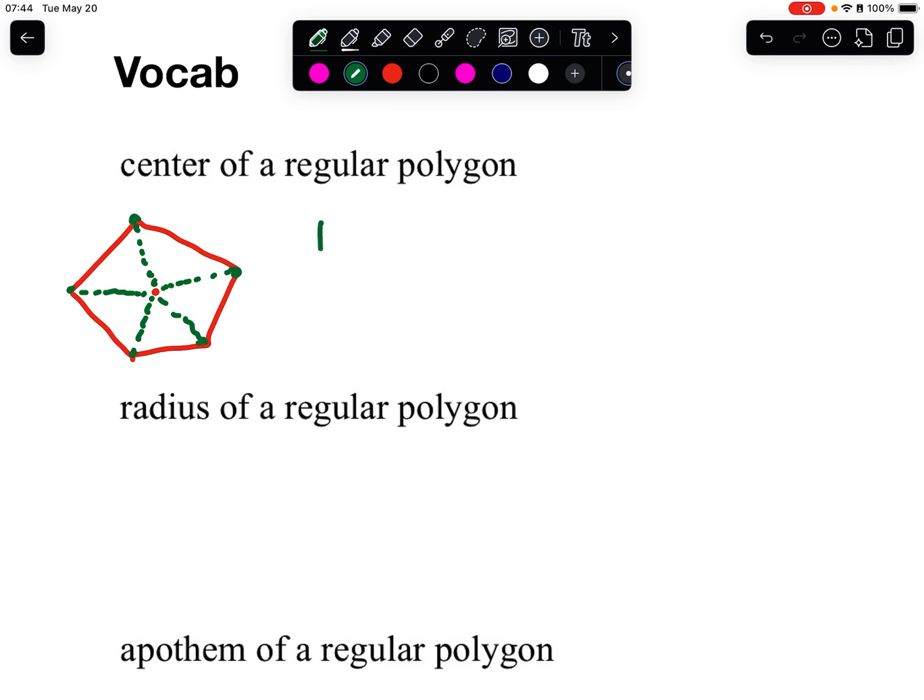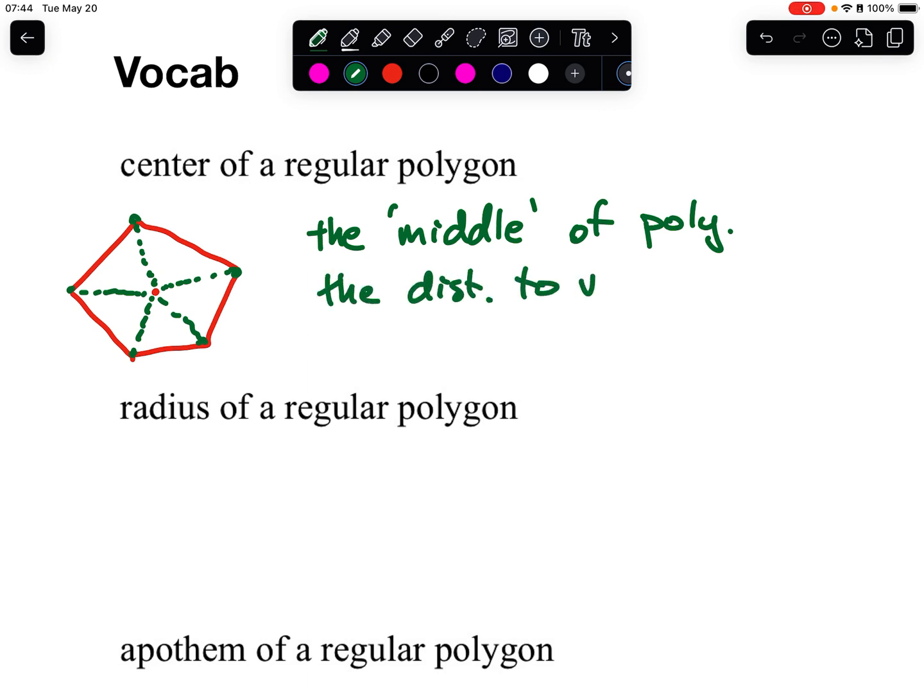If those distances are the same, that's the center. I'm going to put quotes around the word middle because that's not a mathematical definition of the polygon. The distances to the vertex have to be congruent.